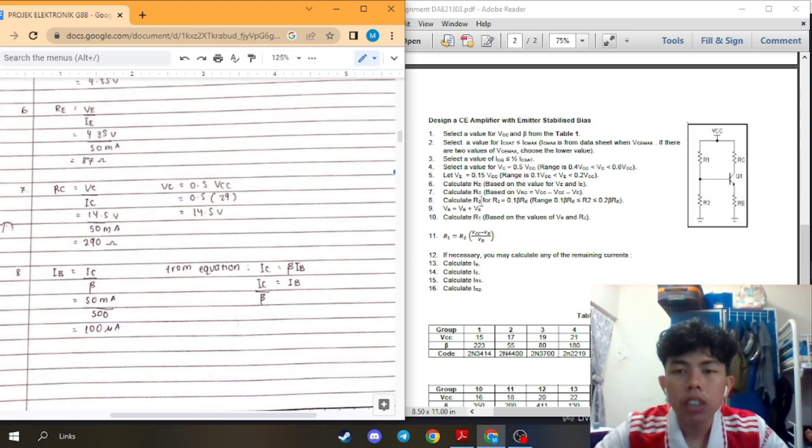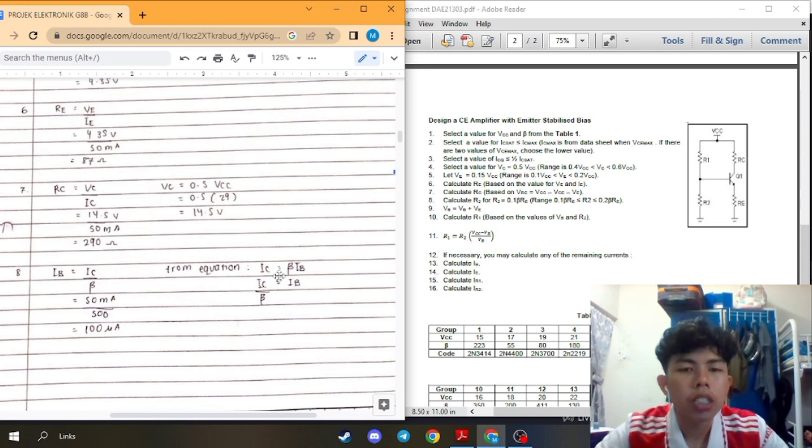If you can see, 0.5 multiplied with VCC, our VCC 29, so we got 14.5 volt, and this is our RC. RC equal 290, and IB equal IC over beta.